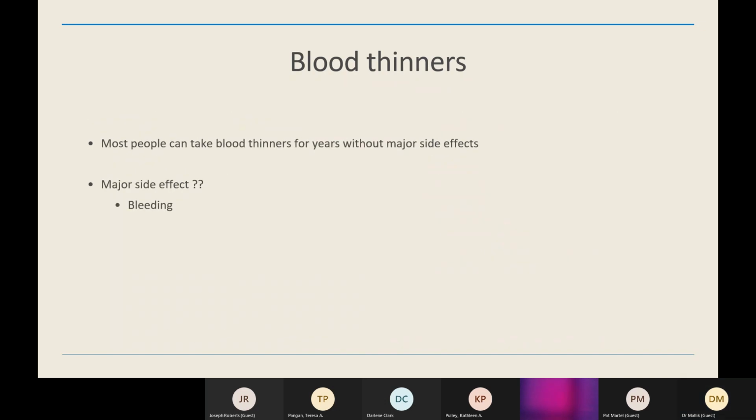So most blood thinners are fine. The majority of people are able to take blood thinners for several years without having any major side effects. But some people do have major side effects of blood thinners, and that is abnormal bleeding.